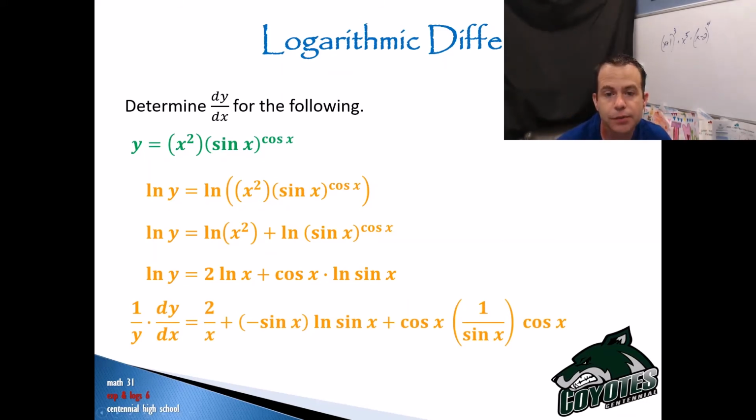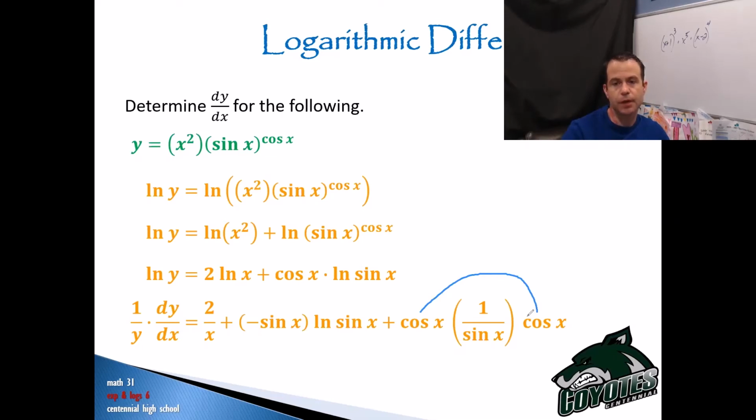Okay, so we want to clean this up. I want to multiply both sides by y to get rid of my 1 over y there. What else do I want to do? Cos times cos right here, those can be multiplied together to give me cos squared. So that's going to give me cos squared x over sine x.